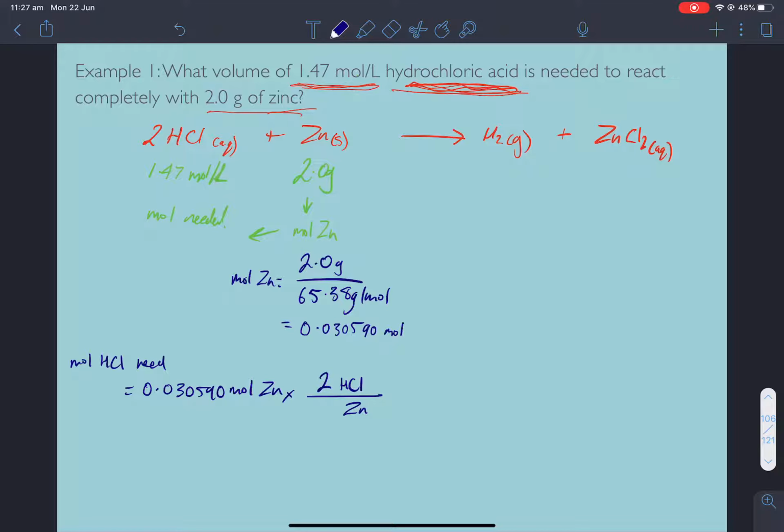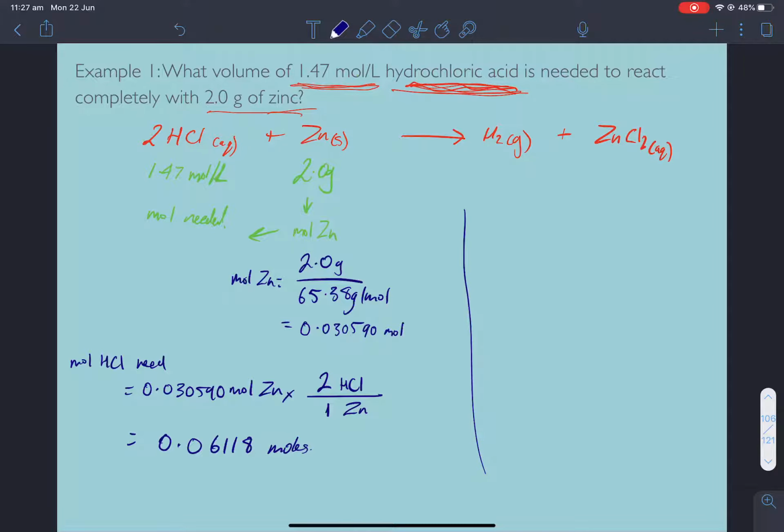What's in front of the zinc? 1. So we're going to multiply that by 2. And it equals 0.06118 moles of HCl needed.